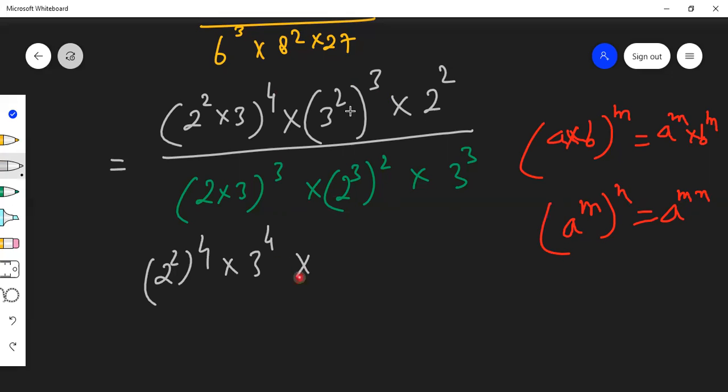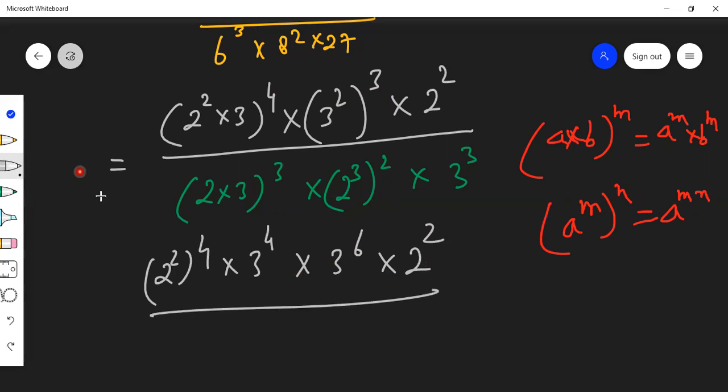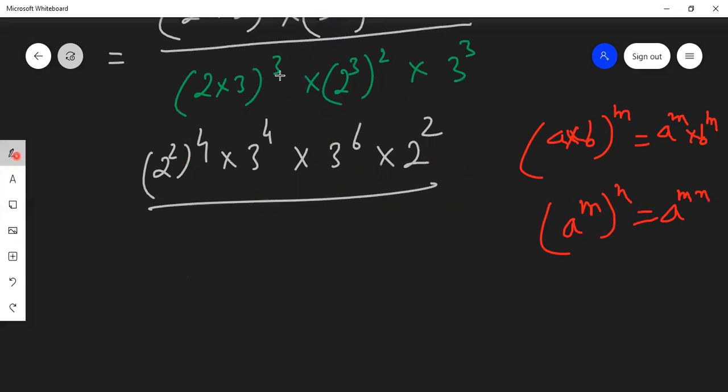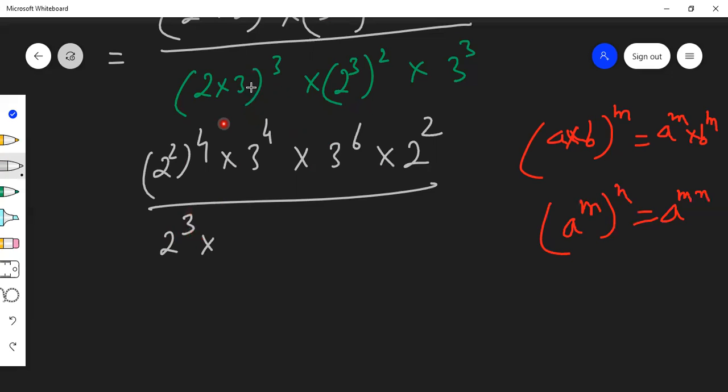So this will become 3 to power 3 into 2 to power 6 into 2 square as it is, divided by, in the denominator also we are applying the same law, 2 to power 3 into 3 to power 3 into 2 to power 6 into 3 to power 3.